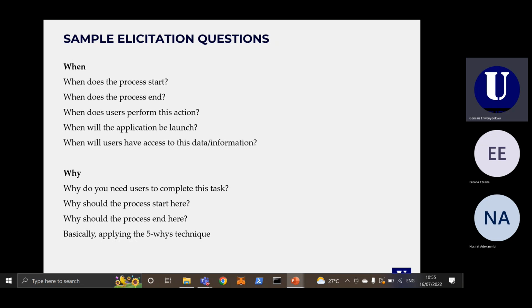So let's just practice the 5 why techniques real quick. Who wants to volunteer? One of you should volunteer. Someone should volunteer. Let us practice the 5 why techniques.